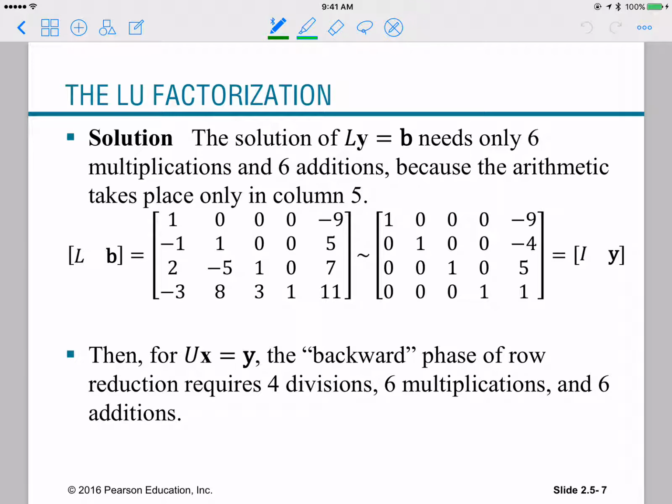Okay, now let's do some counting. You are in a computer science department, so you should be familiar with the concept of computational complexity. Has anyone heard about computational complexity? So how complex is your computation? How much computation do you need to obtain the solution?